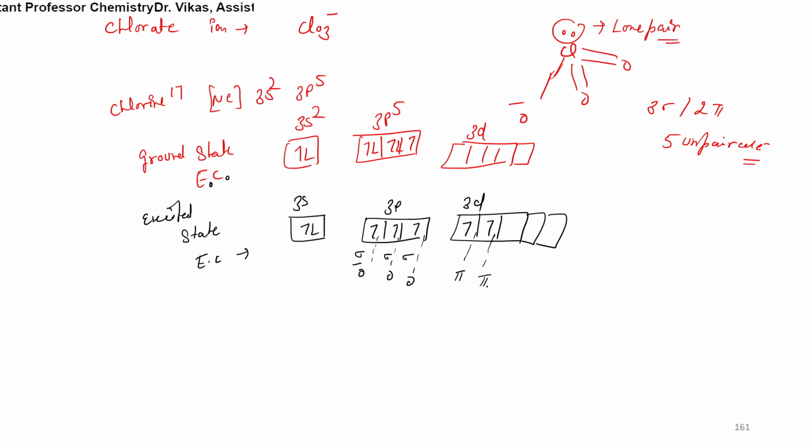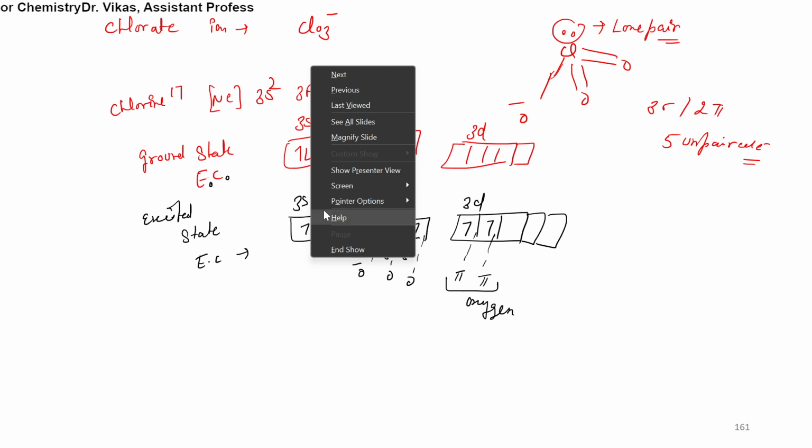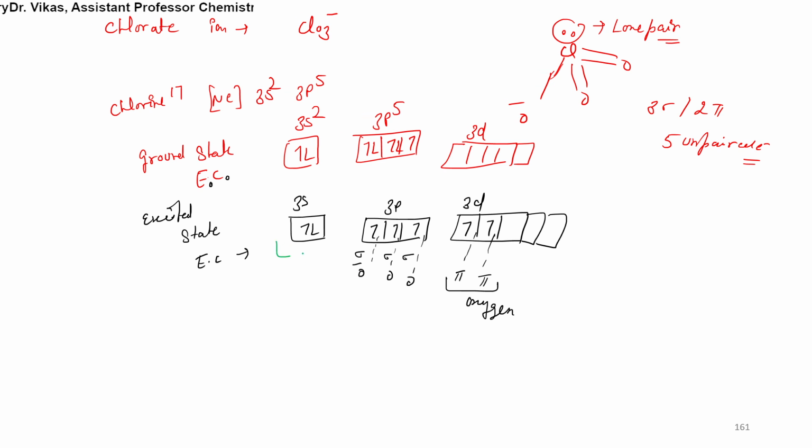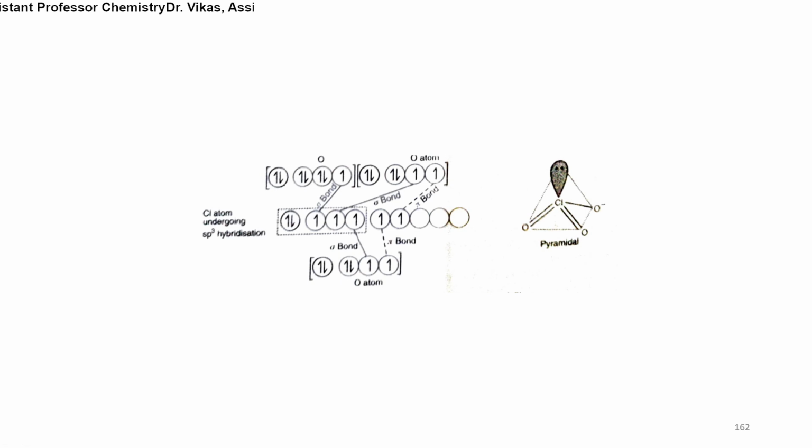This one is the pi bond, oxygen. Okay, and the third one remains as a lone pair. This one as a lone pair.